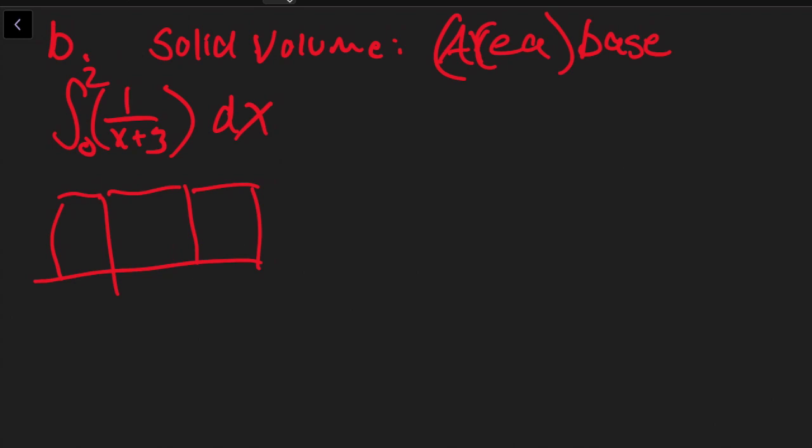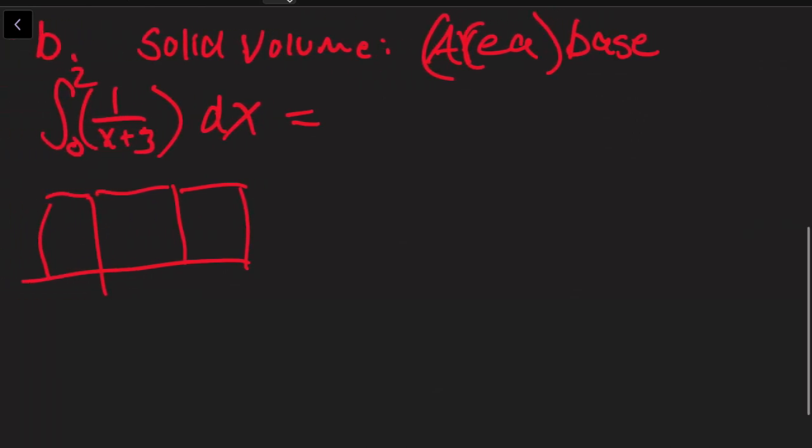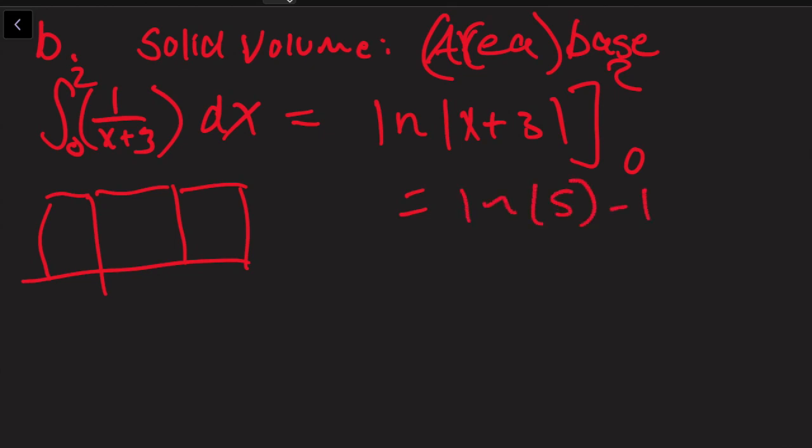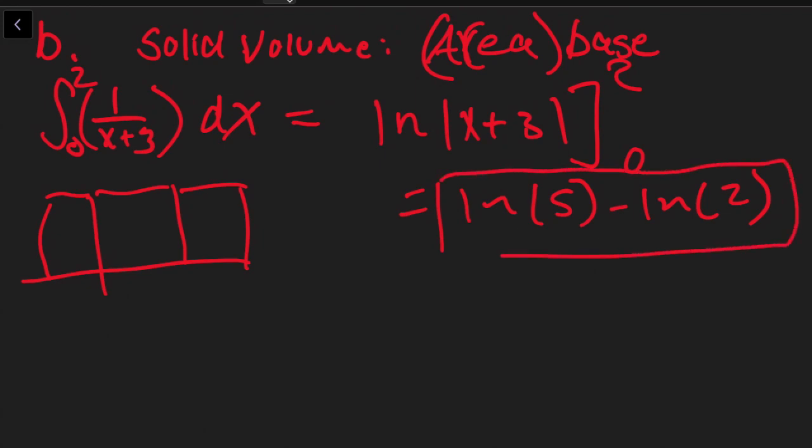If we find the total volume, we need to integrate from 0 to 2. This is very simple. It's just ln of x plus 3 from 2 to 0. We can do ln of 5 minus ln of 3. That's our answer.